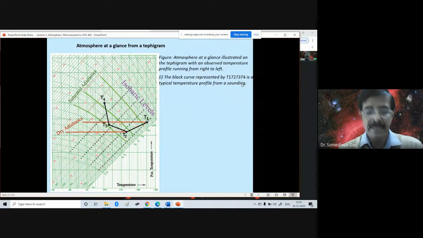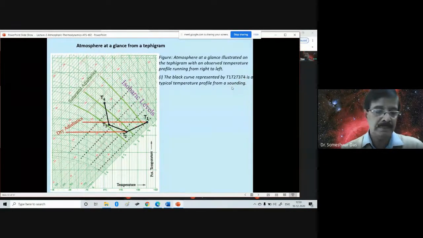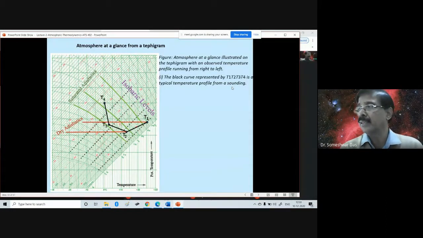We had discussed this last time. The profiles obtained by radiosonde observation are called soundings.